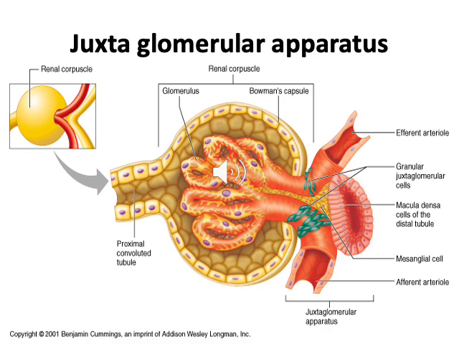The macula densa cells are a collection of specialized epithelial cells in the distal convoluted tubule, and these cells can detect the sodium concentration of the fluid in renal tubules.